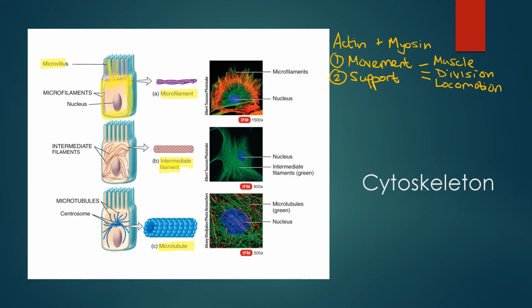Next, we have the intermediate filaments. These are going to be a little bit thicker, and they are exceptionally strong. Intermediate filaments are found in areas of the cell that are subject to mechanical stress. So they really help to stabilize the position of organelles, such as the nucleus in the middle there. And they also help to attach cells to one another.